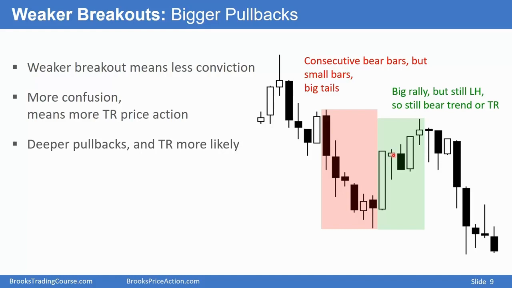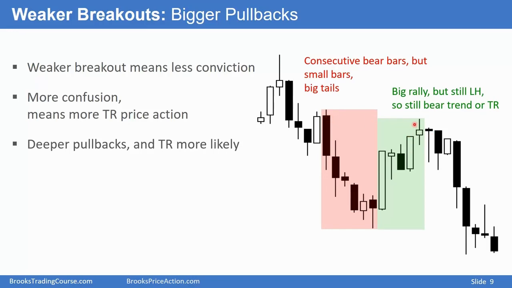We're rallying here, but what do you see? Big bull bar, but followed by only a bull doji, and then by a bear bar. Another bull bar, but smaller than the first. Was it followed by a doji? And we did not break above the top of the sell climax. We're breaking out to the upside, but look, weak rally, bad follow through, breakout, bad follow through, and lower high.